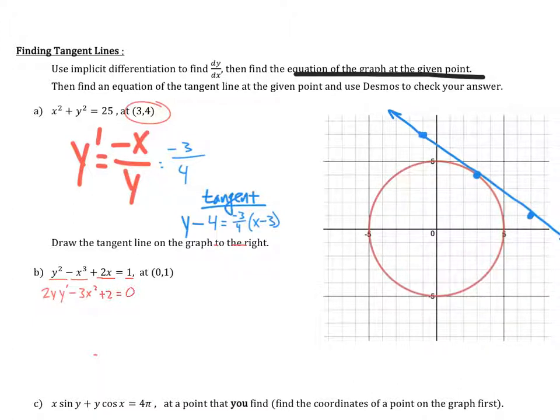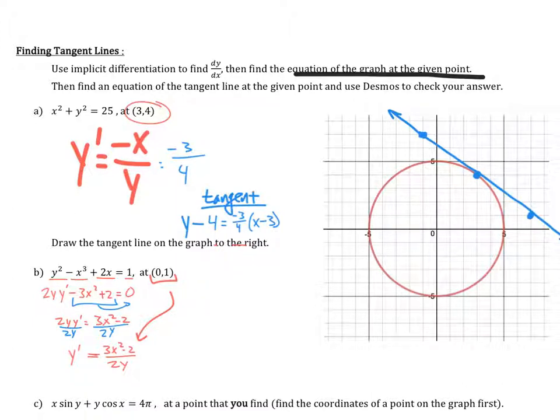Now we just got to solve it for y prime. So let's move all this stuff over to the other side. And then we're going to divide that by our 2y to get our final result. So we have our equation for our derivative, and now we just need to plug in the point (0, 1) down here to find the value of the derivative at that point.